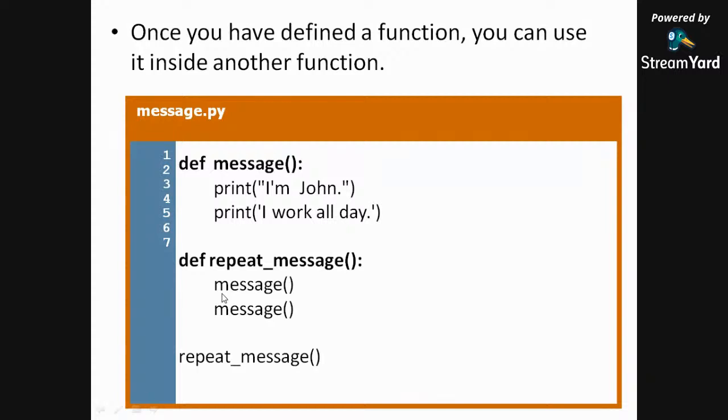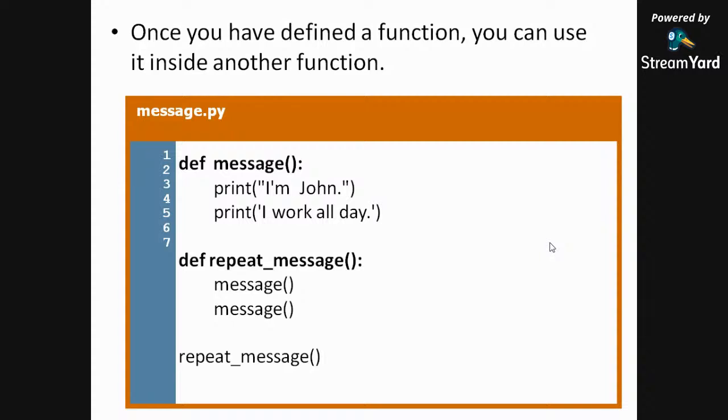Then again it comes back to the repeat message function. So again there is a second message call. Okay, so again it goes back to the message function. Again it prints these two print statements. So then again you can see I am John, I work all day. Okay, so once this is over, then it comes to the next statement. Since there is nothing, you can see these two prints are executed twice.